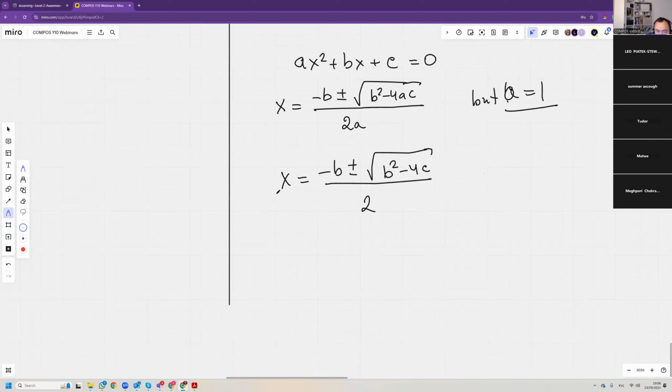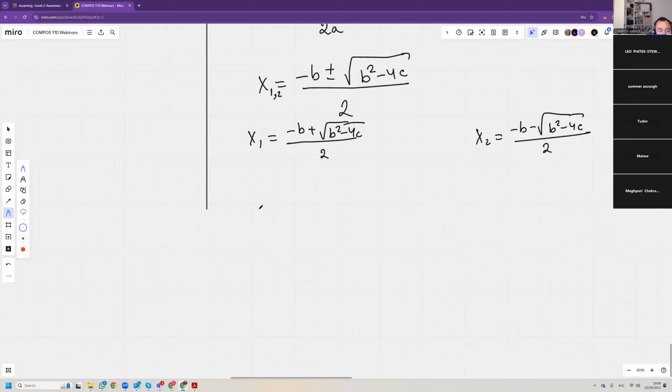We usually write x1, x2, so I'm going to write them separately. x1 is minus b plus root b squared minus 4c over 2. And x2 is minus b minus root b squared minus 4c over 2. And I'm going to multiply x1 by x2.